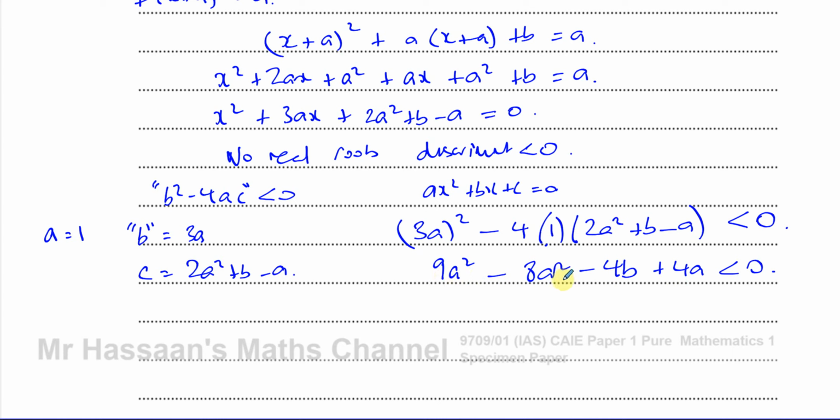So we have 9a squared minus 8a squared is a squared, minus 4b plus 4a is less than 0.